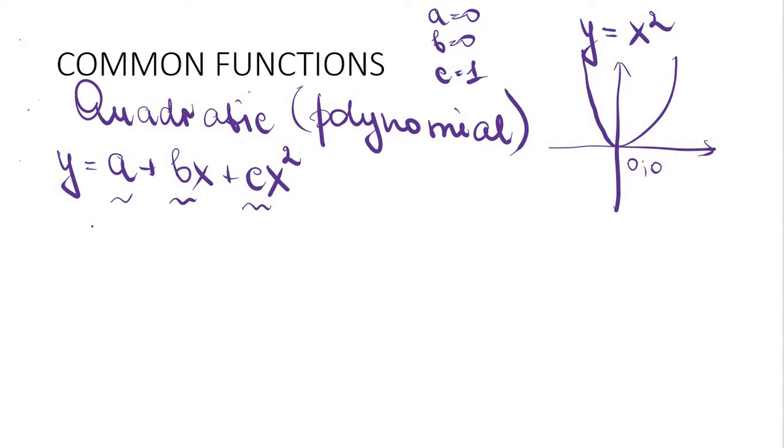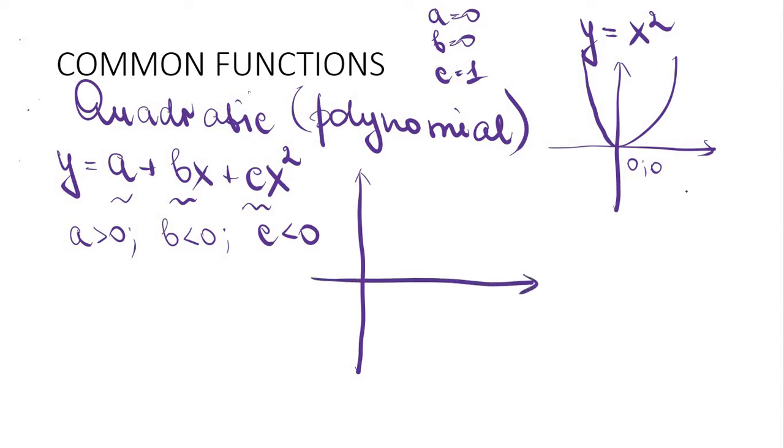However, if we assume that a is positive, b is negative, and c is negative, just for fun, then the function will look like this. So first of all, if the value of x is equal to 0, then the intercept will be positive.